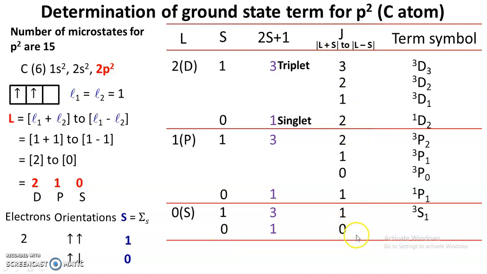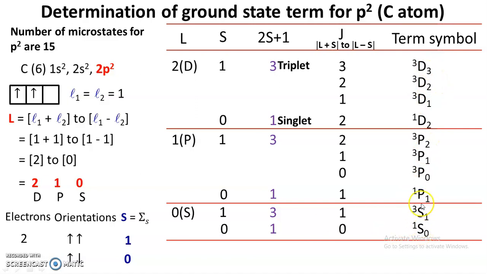So only one J value is possible, that is 0, and the corresponding term symbol is S10. Why S? Because L is equal to 0, this 1 is the multiplicity, and this 0 is for the J value. So these are the possible term symbols when L is equal to 2, 1, 0 coupled with S is equal to 0 and 1.